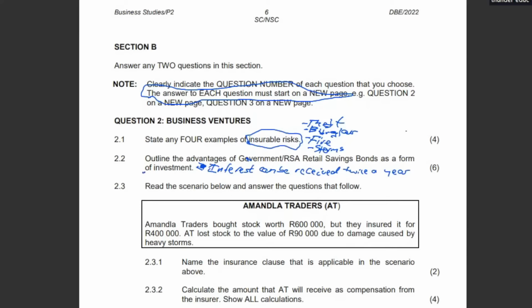The second point, remember we said that interest is usually higher than on fixed deposits.